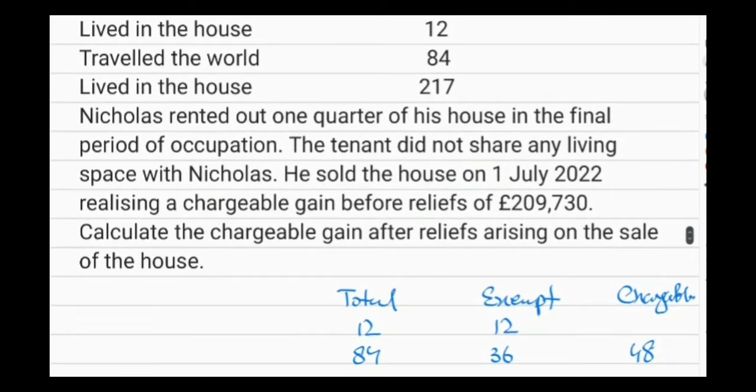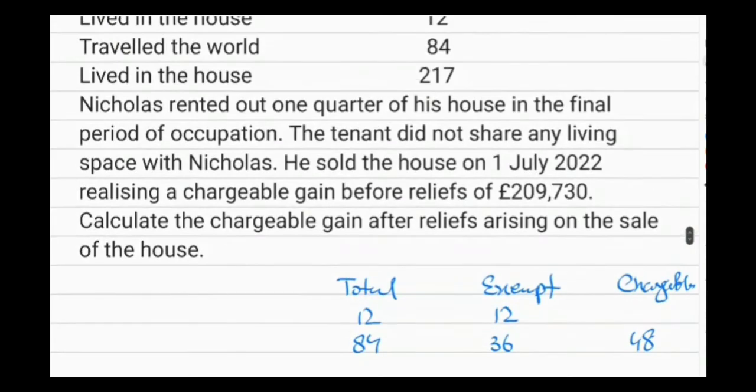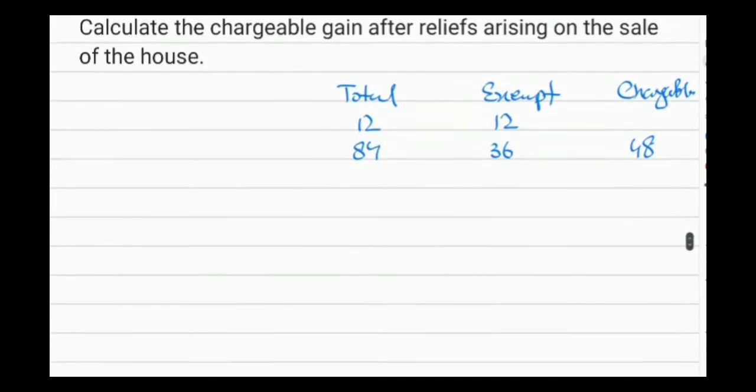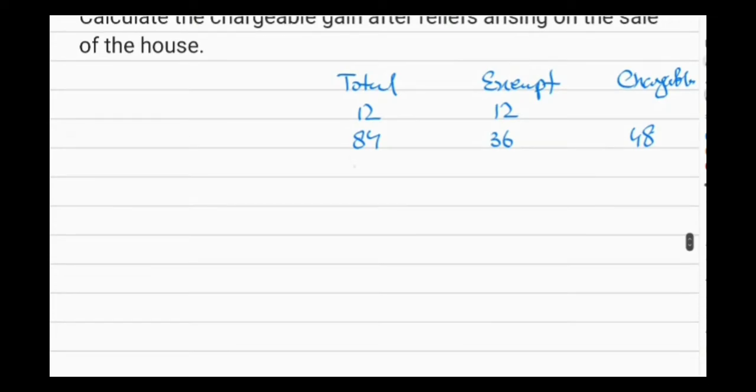Then lived in house 217 months, and here the important condition is that Nicholas rented out 1/4 of the house in the final period. Remember how to consider this. First it is a period of 217 months in total. Out of this, the last 9 months are always deemed occupied, so remaining are 208 months.